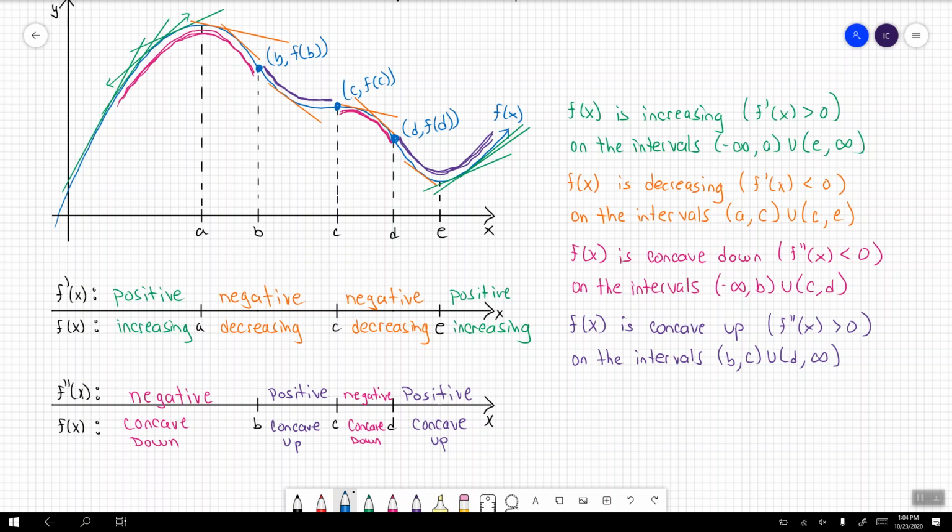So let's write this up. The points b, f of b, c, f of c, and d, f of d are called inflection points.